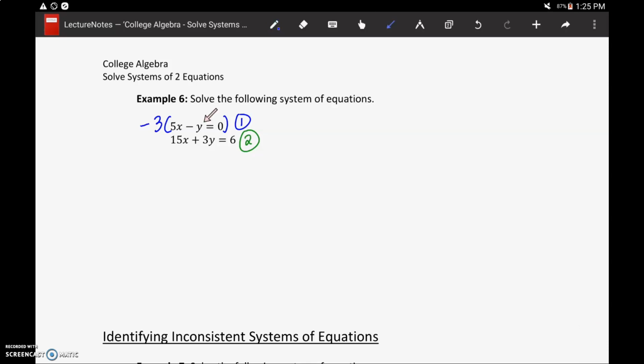We could have also multiplied by +3, which would give us a -3y, which would cancel with our 3y. In this case, multiplying by -3 is going to cause our x terms to cancel. So we always get some flexibility in terms of how we start off the problem. But multiplying both sides by -3 will give us -15x plus 3y is equal to 0. And then our second equation remains unchanged.